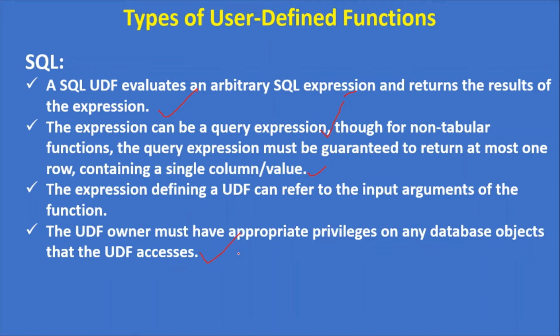That means if inside your UDF you use any database objects like functions, views, secure views, sequences, etc., that role should have the appropriate privileges so the UDF can access those objects while executing. Otherwise, we will get an insufficient privilege exception.